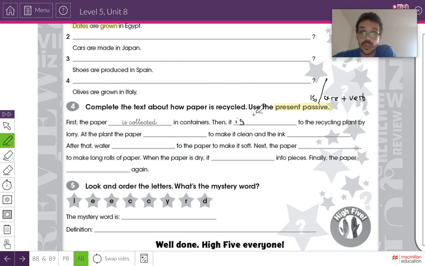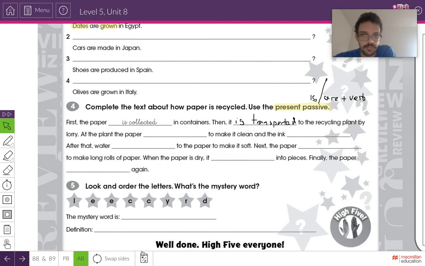It is transported to the recycling plant by lorry. So have a look in your notebook and try and finish the rest of the exercise. Remember to use is or are plus the verb in the past. Pause the video while you do the exercise.